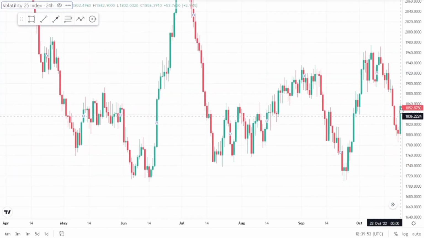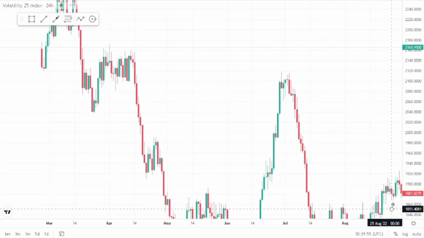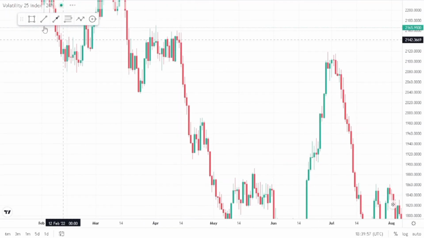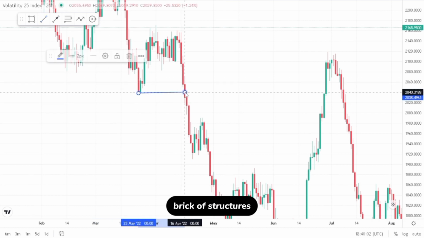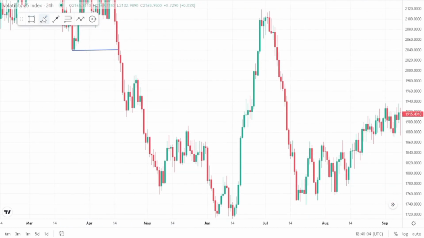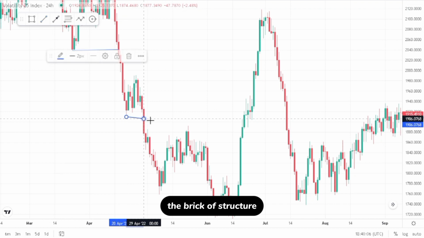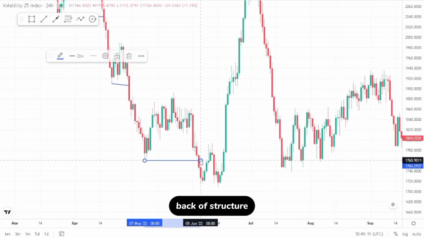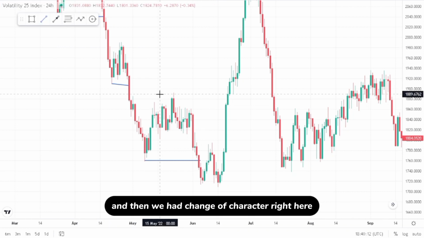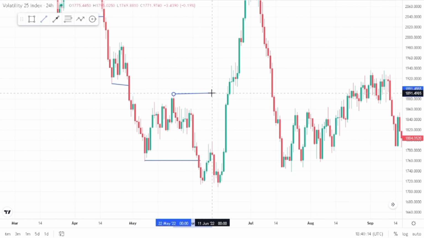Here, so the market was in a downtrend. You see these break of structures, and then we had a change of character right here, right?